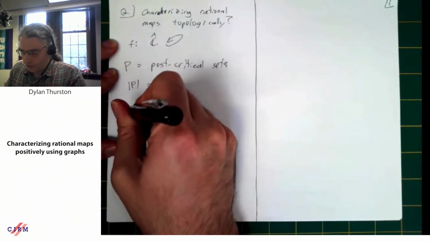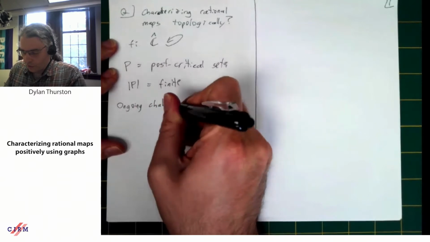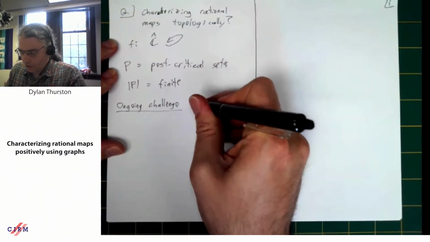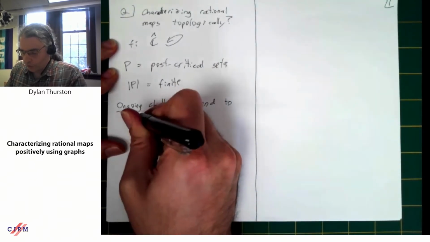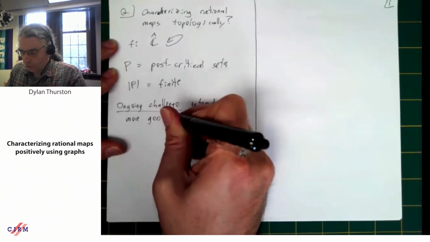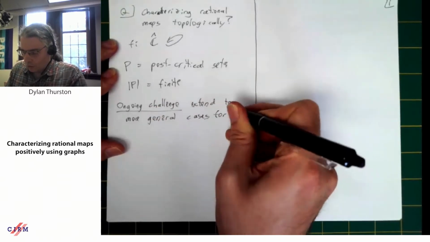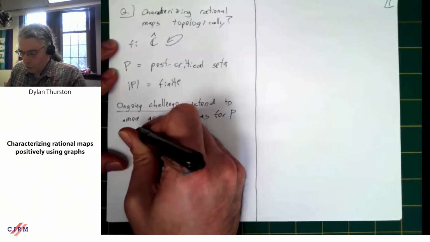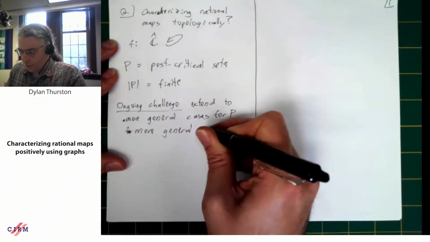I should say it's an ongoing challenge, which Hubbard was referring to in his talk, to extend to more general cases for this post-critical set, or to more general types of maps.